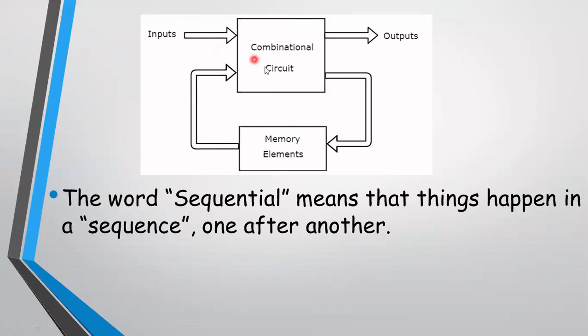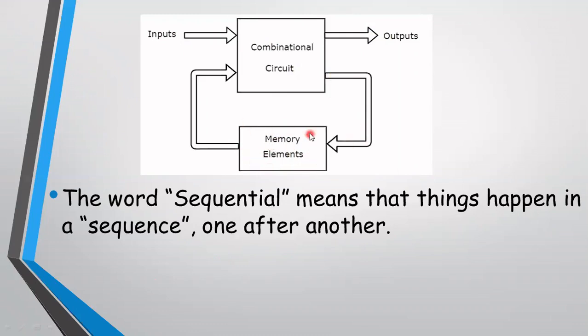This is a typical sequential logic circuit in which we can see a combinational circuit, in which we have an input and we have an output. And when coming to a sequential logic circuit, there is a feedback mechanism.